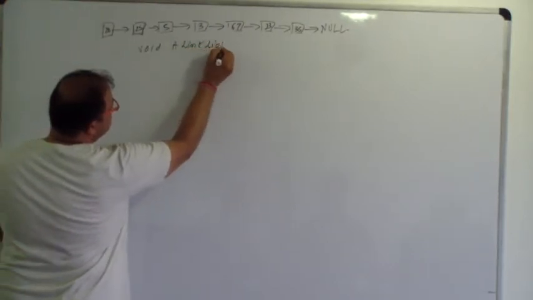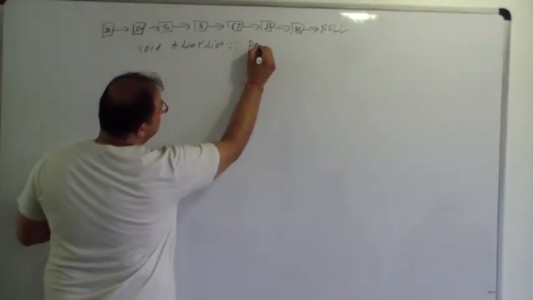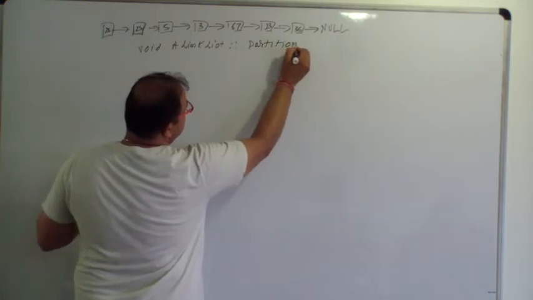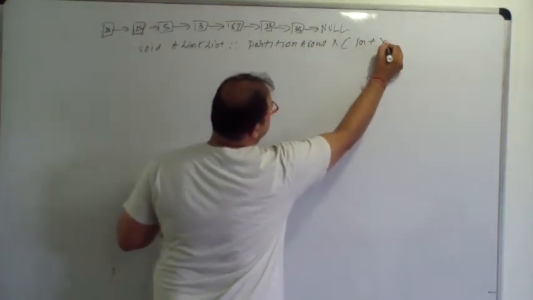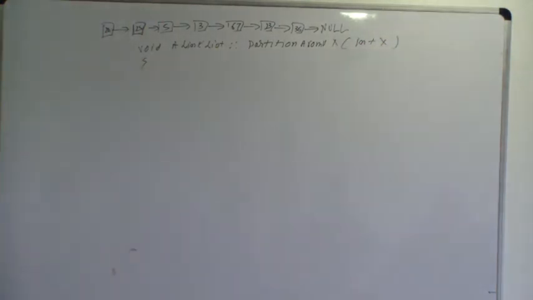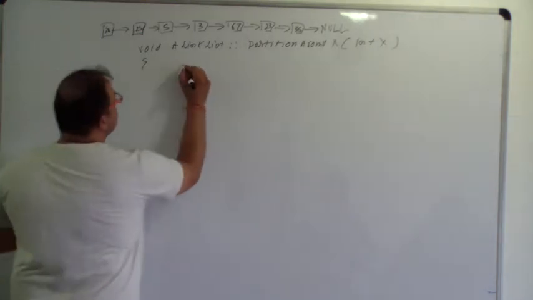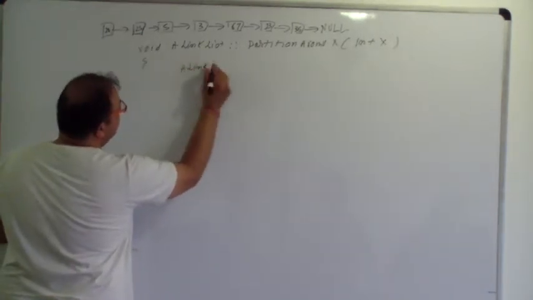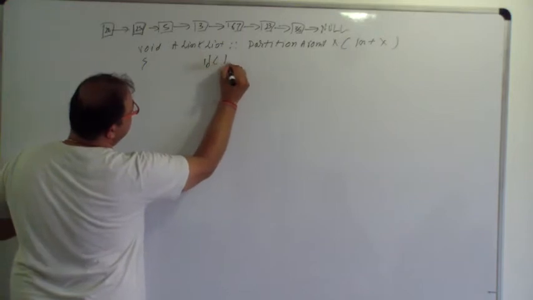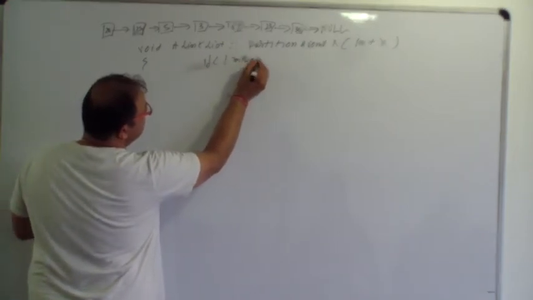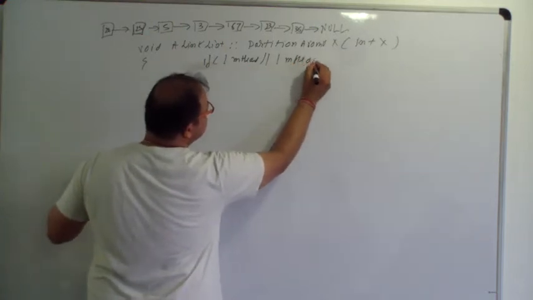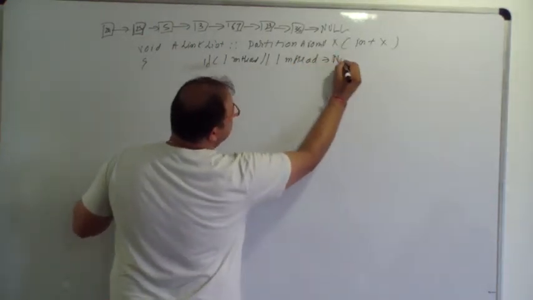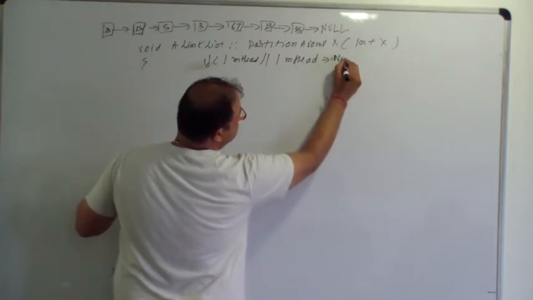Linked list, partition around X, integer X. In partition, how many buckets would we need? Two buckets. First we'll check if not m head or not m head arrow next.